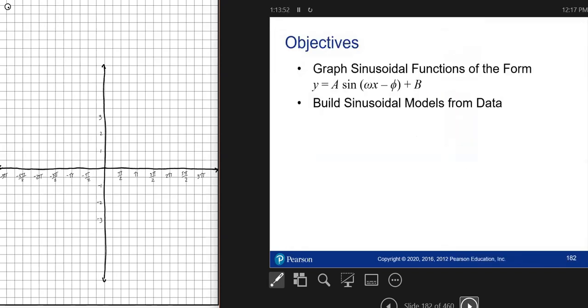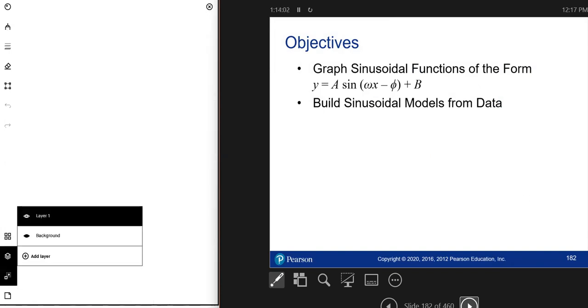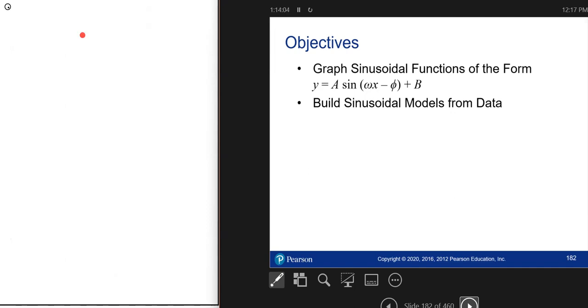Okay. So now we get introduced to a new symbol. And that new symbol is phi.